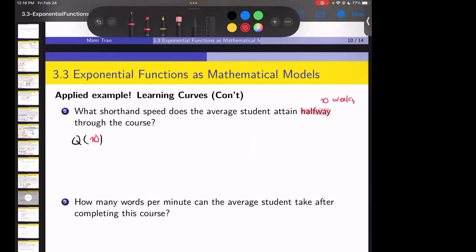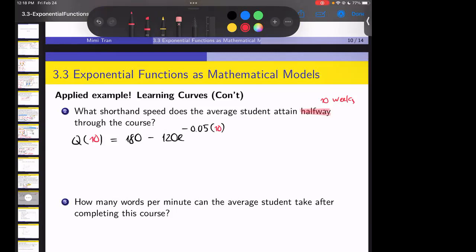Q of 10 equals 180 minus 120 e to the negative 0.05 times 10. This one you need a calculator. 180 minus 120 e to the negative 0.05.